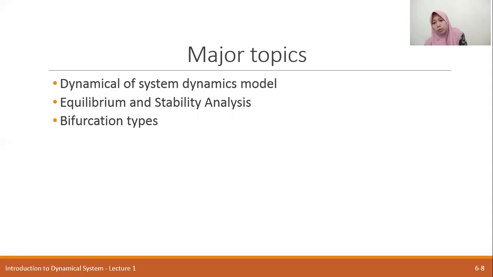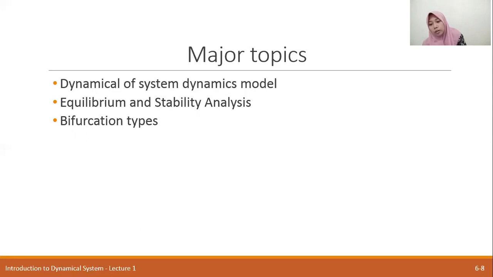Next, we move on to major topics. This is very simple. I break them into three. In dynamical systems, we have two types of models: linear, and the more advanced one, the nonlinear model or nonlinear system. At the beginning of class, I will talk much about linear dynamical systems and their behavior, and then, slowly but surely, we will talk more about nonlinear systems.